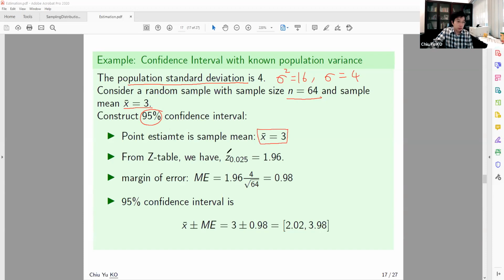Okay, so we look at the Z table. What is this number? Let me show you, let's look at the Excel.